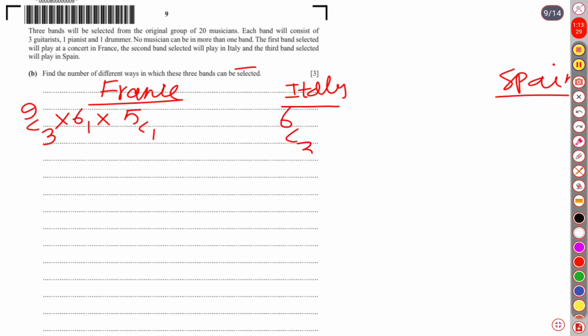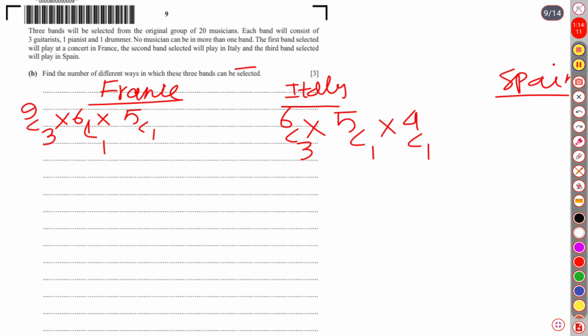And for pianists, there are 6 in total, out of 6 one has gone away, so there remains 5. 5 choose 1. And the total number of drummers is 5. From 5, 1 has gone away, so there is only 4. From 4 we are choosing 1.